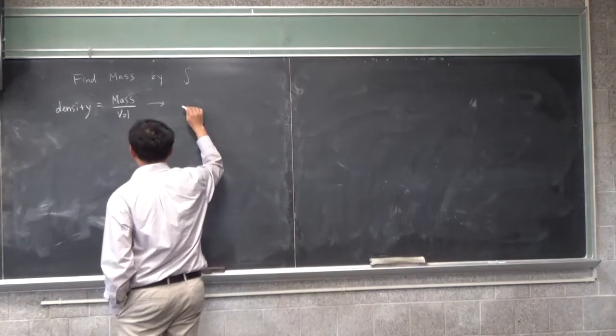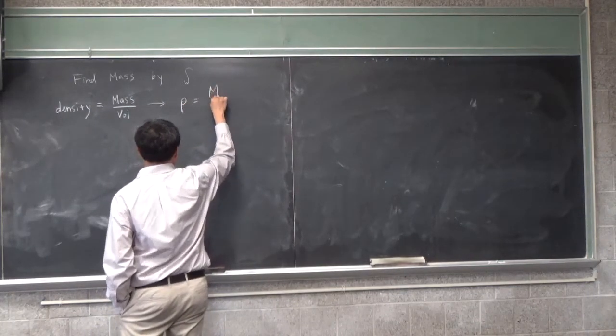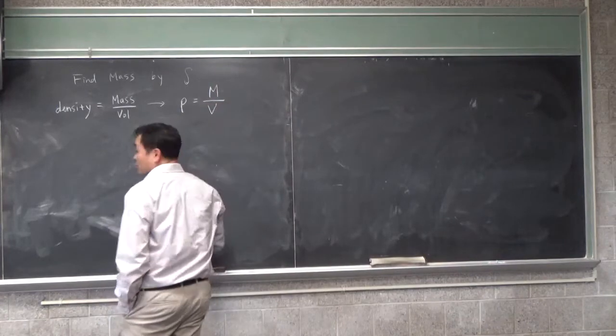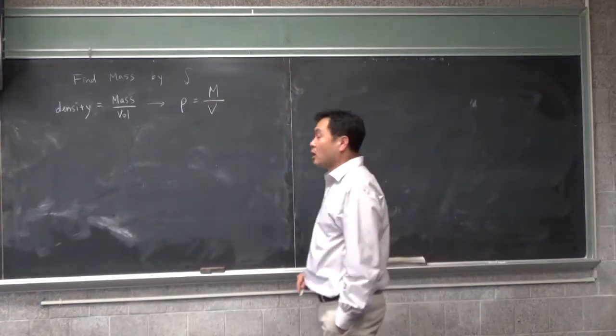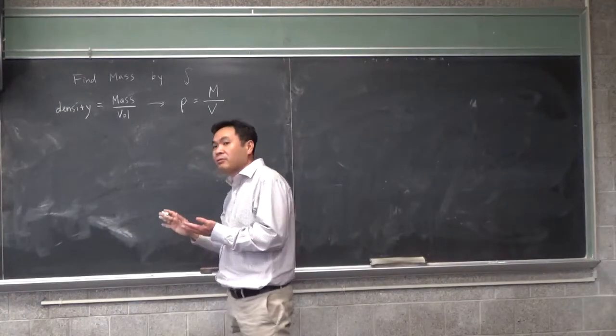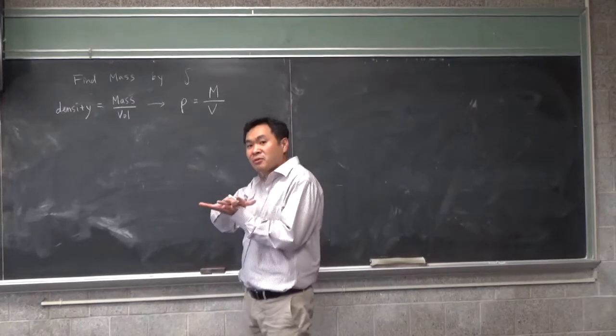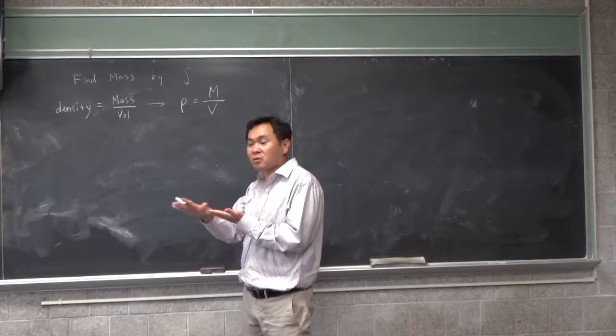Usually people write it as rho for density, m for mass, v for volume. However, that's for three-dimensional objects. Sometimes you might have an object that's very flat and thin, where the volume is close to zero.